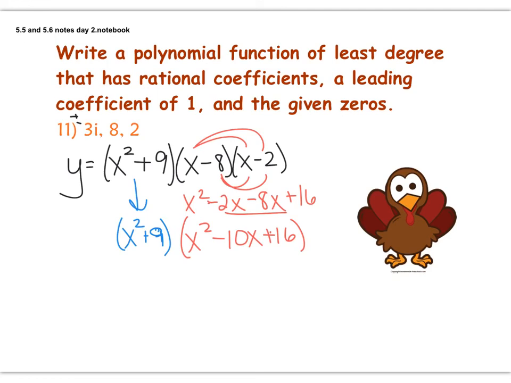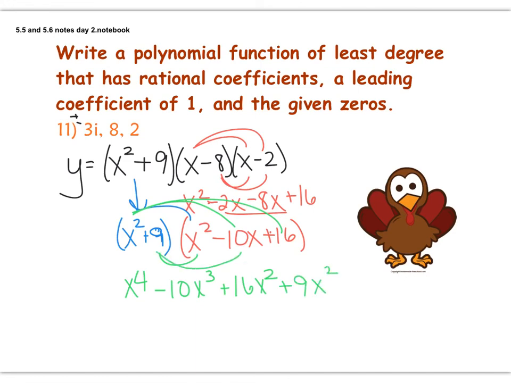And now we can multiply here. So we're going to have, let's see, x to the 4th minus 10x cubed plus 16x squared plus 9x squared minus 90x plus 16 times 9 is 144.